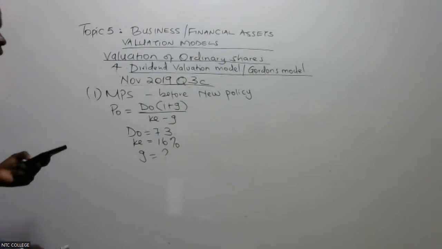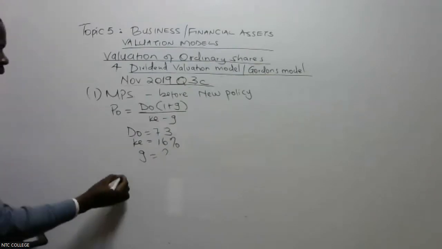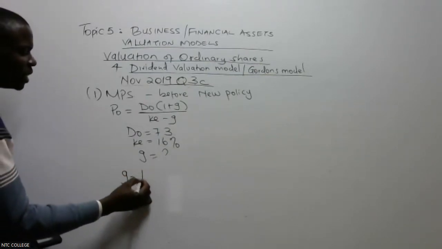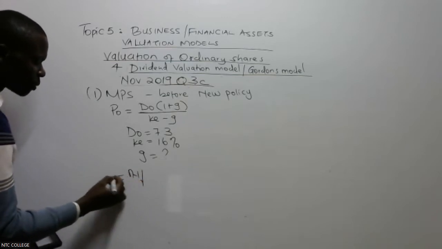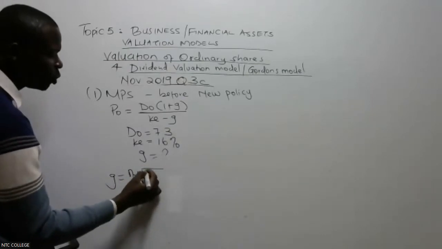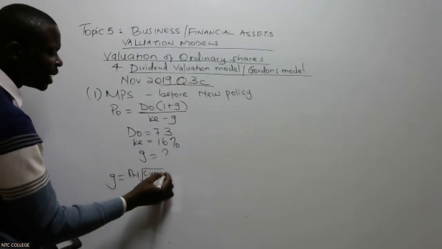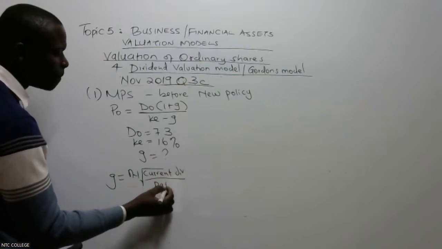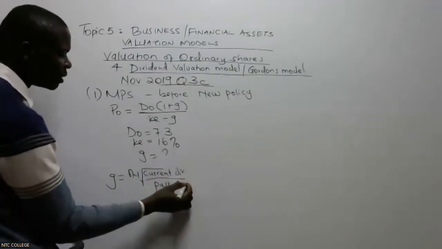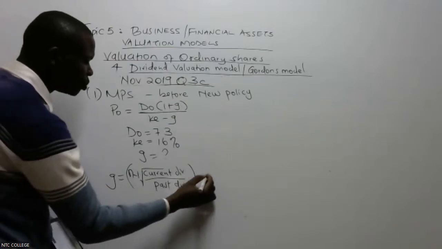So we need to determine our g by saying our growth rate will be determined by taking the n-1 root of the current dividend divided by past dividends. Then the answer that we get is next one.